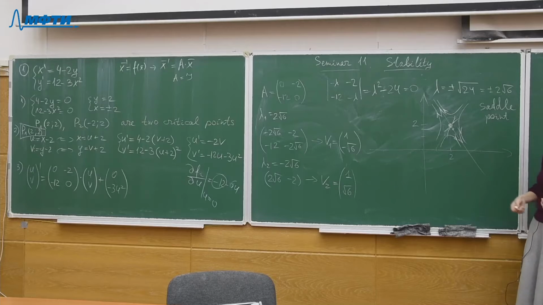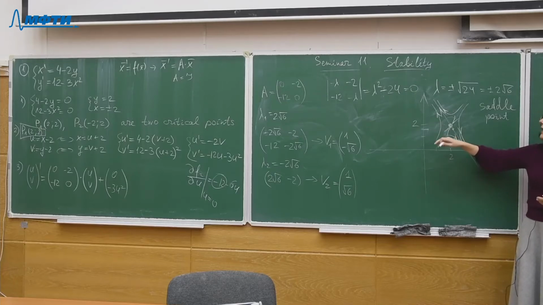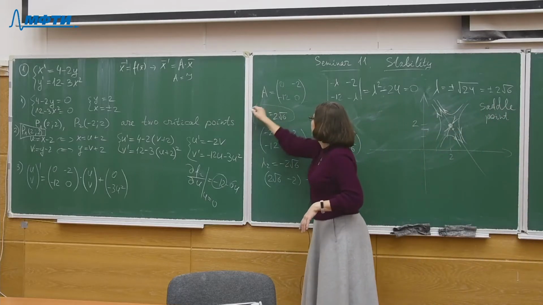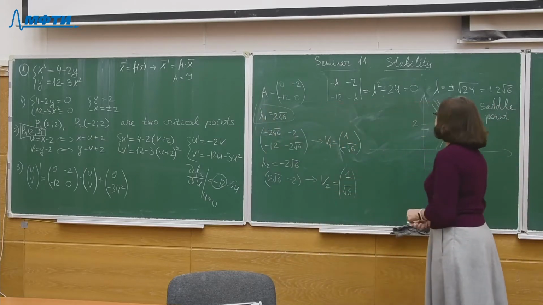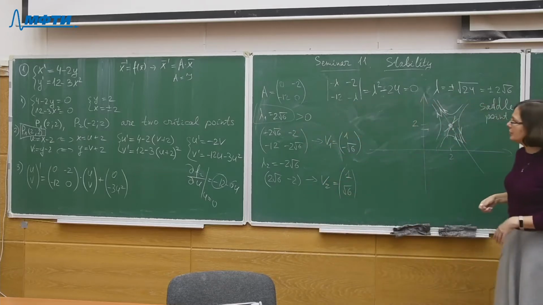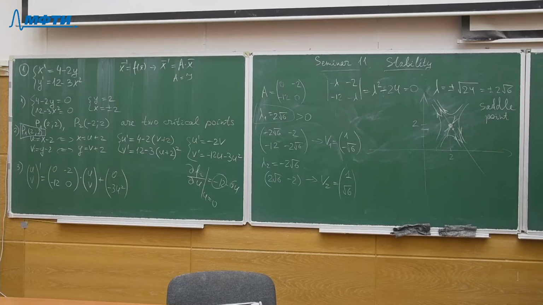And by the theorem, it will remain unstable even for the original system, because we have lambda 1 greater than 0. By theorem 2, if we have lambda with positive real part, then this point will be unstable even for the original non-linear system.